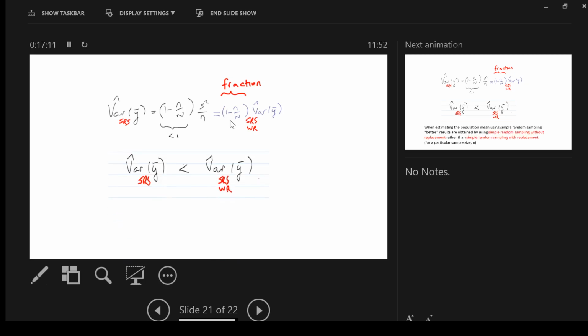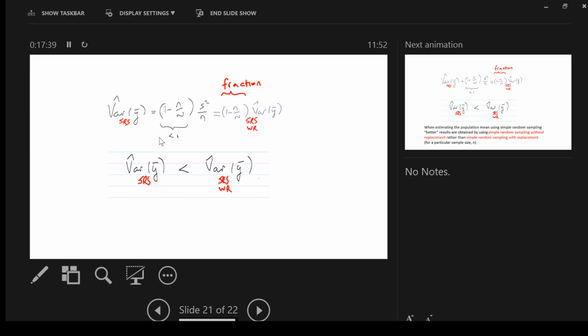So it means without replacement always has a smaller variance than with replacement, when you're using the sample mean. Obviously, the biggest little n could be is if you sample the whole population, so your sample size will be big N. Then this would be 1 minus big N over N, and that would actually be a 0.